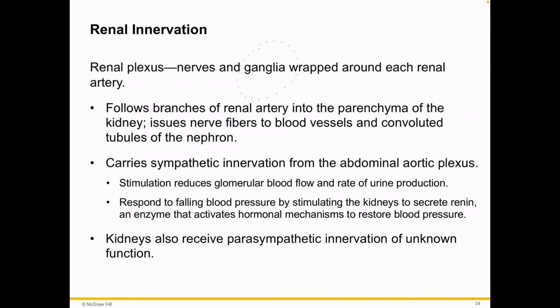This is in response in some cases to falling blood pressure, because the idea is if we can continue to keep a stable blood volume overall, then we can at least get through whatever rough patch is causing reduced blood pressure. So this will stimulate the kidneys to secrete renin, which is an enzyme that activates hormonal mechanisms to restore the blood pressure, right? There's quite a bit of complexity in there, but we'll talk about renin a little bit later.